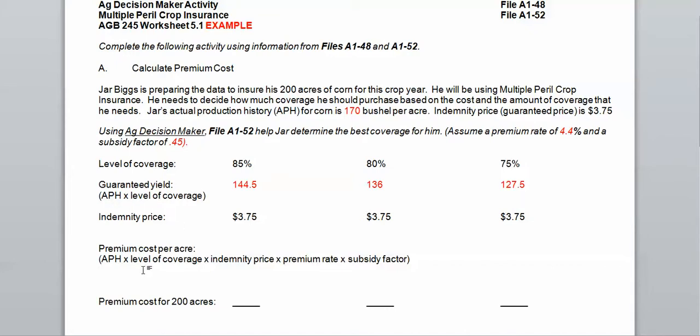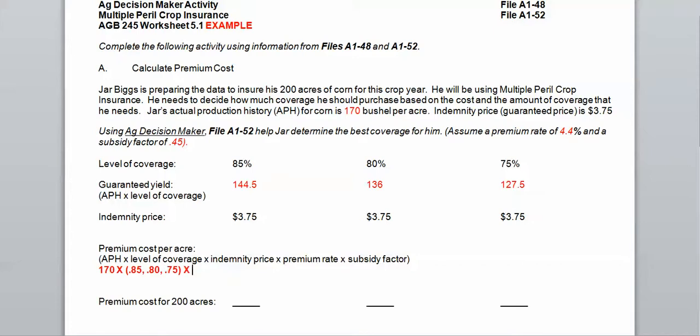Actual production history then is 170 bushels in this farm, times a level of coverage. The three levels of coverage were 85, 80, and 75. We're not going to multiply by each of those. We're going to multiply by the one we need for each particular problem.